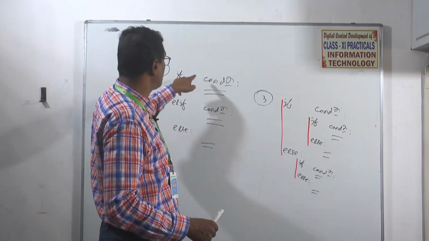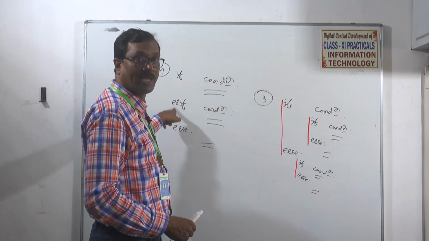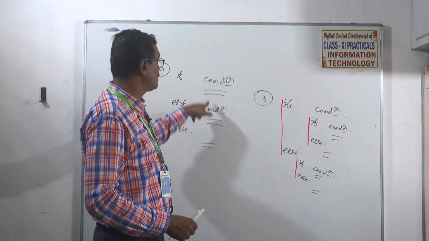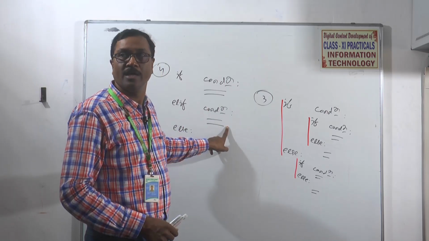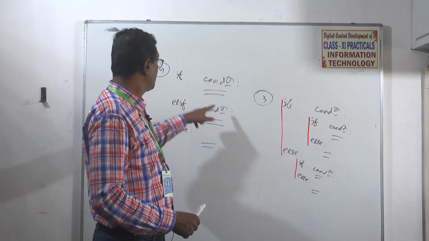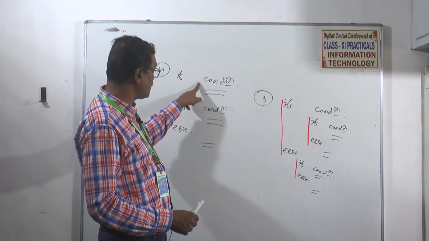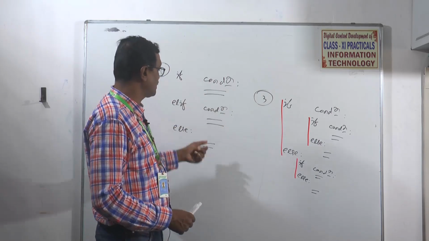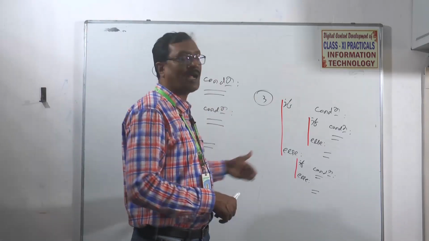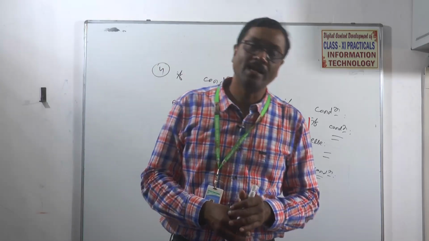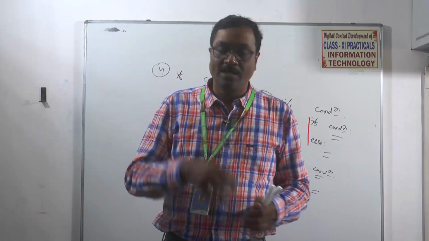When this condition is not true, check the else if condition. When this is not true, then check this; when this is true, execute this. If this one will not be executed, then it will come to this part. Means if this one is false, as well as this one is false, then this part will be executed. So this is another way of implementing if else.